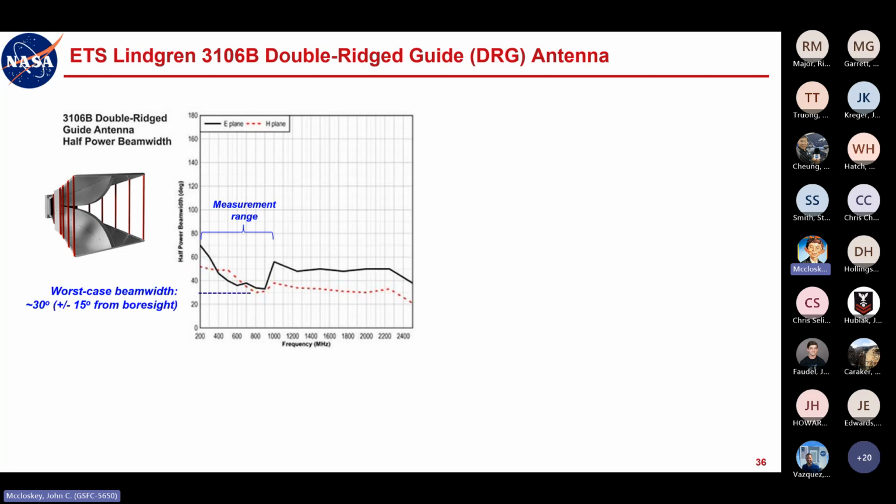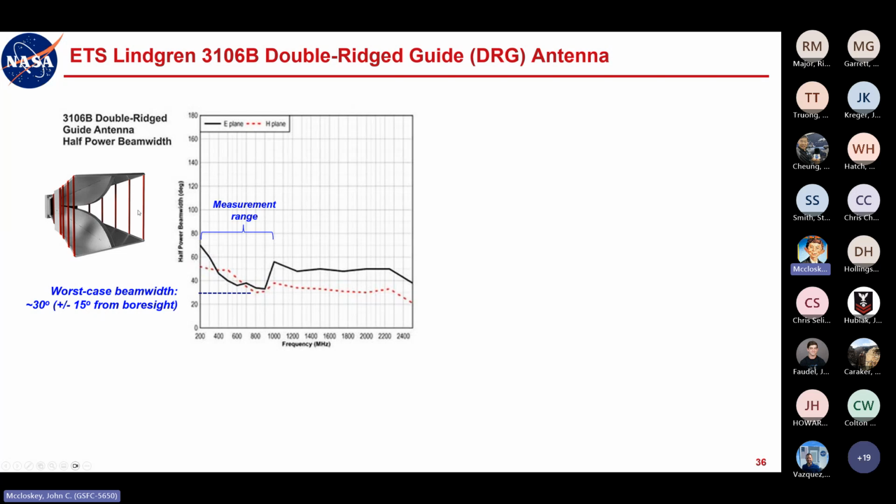So the worst case beam width in this frequency range, looking at both E and H plane, because H plane is orthogonal, so you have to pay attention to both of these, right? You might think, well, we're measuring electric field, so we only care about E plane. Well, that's not really true. When it's in this orientation, when it's in vertical polarization, that beam width is specified in this direction, and then the H plane is specified in this direction.